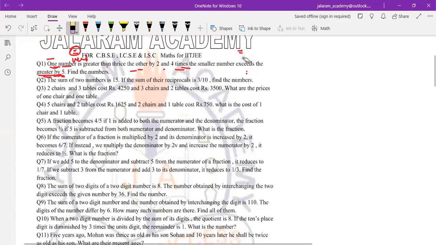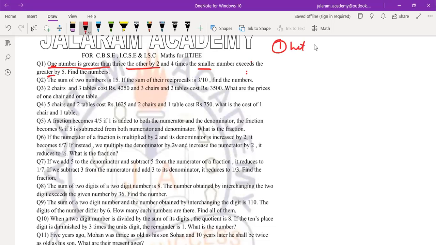I think you must have understood it, but still I am going to discuss it now. What should we assume? Whenever there is a difference in the numbers, like smaller and greater, we always assume which one is greater and which one is smaller. It is also given that one number is greater than thrice the other by 2, so clearly the first number is greater.